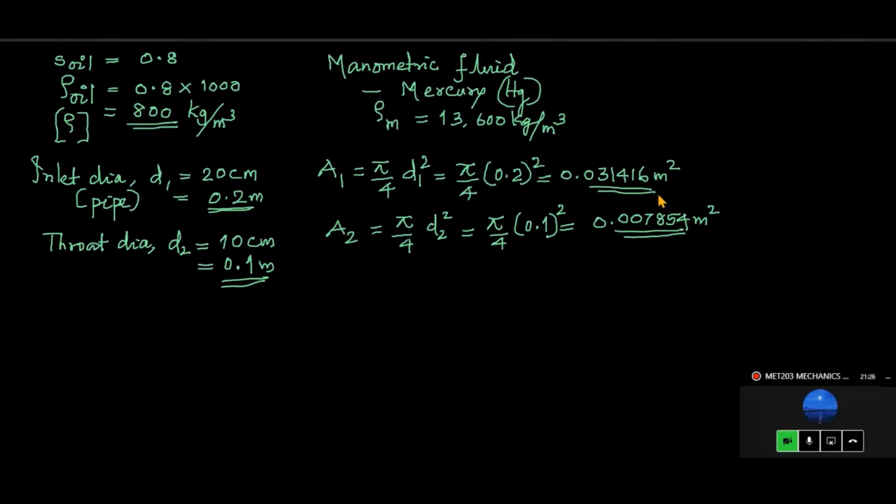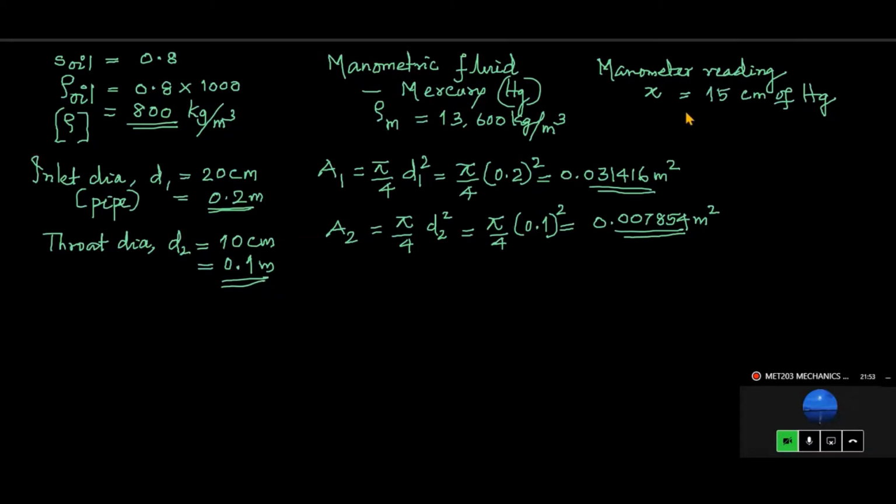Once you have this area, now we will take the differential pressure head from the manometer reading. The manometer reading is actually X, and that is 15 centimeters. Remember, 15 centimeters of mercury, that is given in the question.